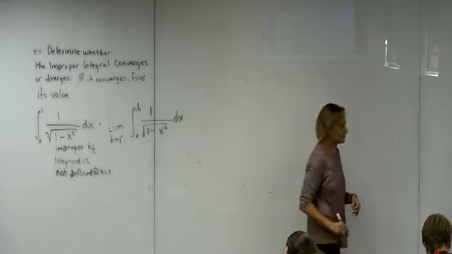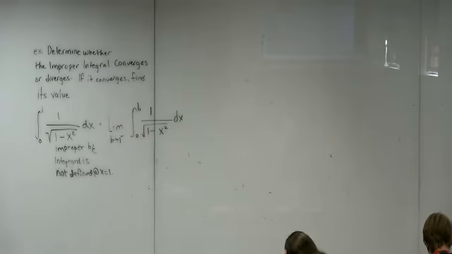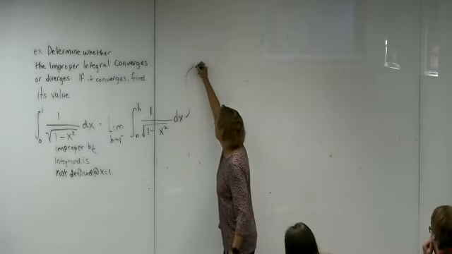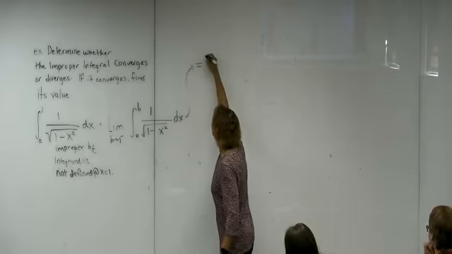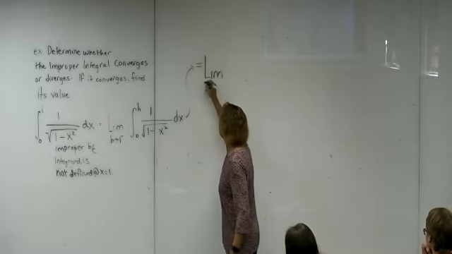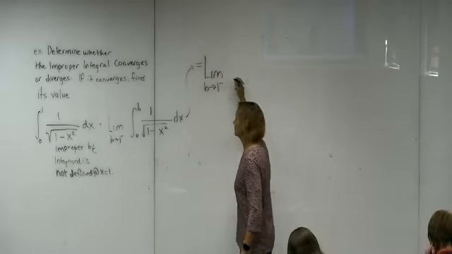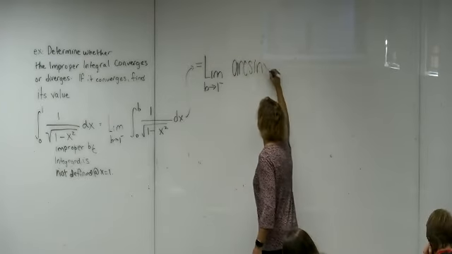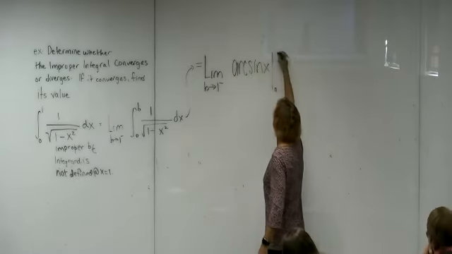That's not a u-du integral, is it? It's an arc sine integral. Recognize that? A squared minus x squared, so a is 1, so I should just get the arc sine of x, from zero to b.